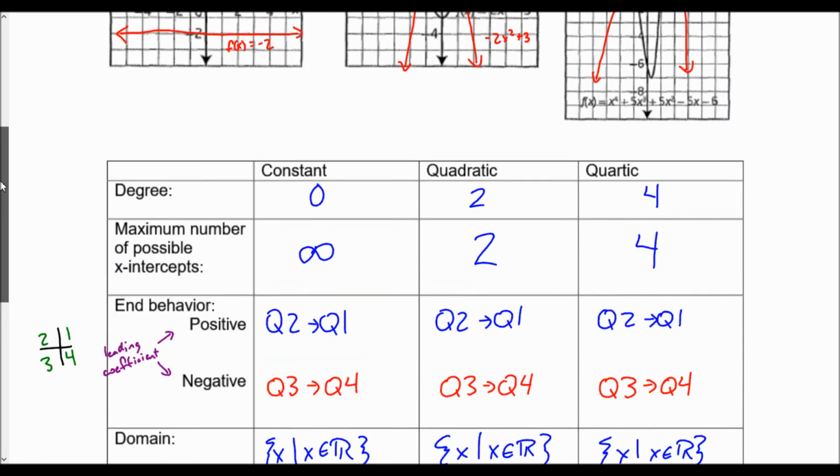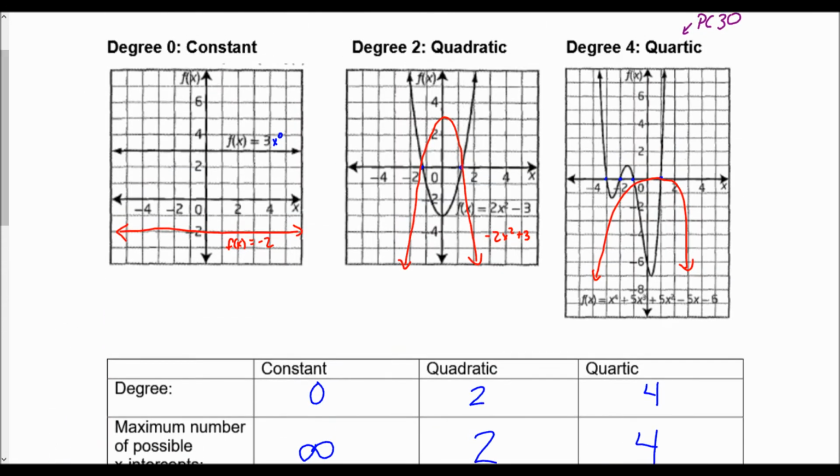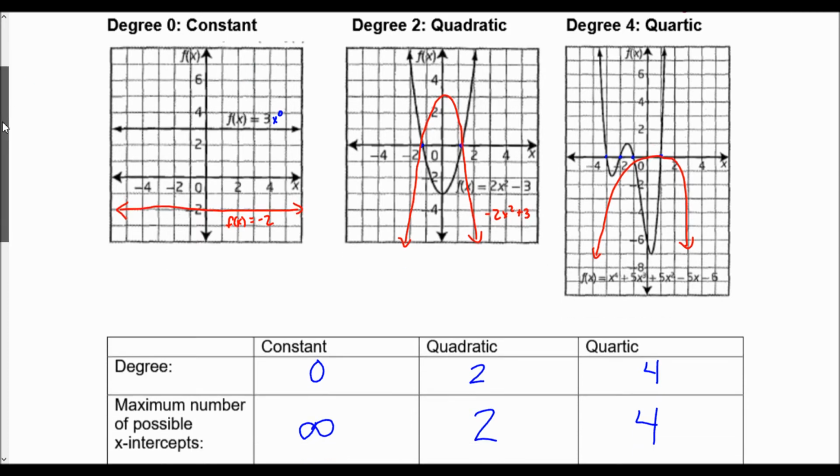Our range, though, is a little bit different. This one is very different, because you'll notice that this one only has one strict range. Now, I want to talk about every single general constant, quadratic and quartic type of shape. In general, our range is going to be dependent on our equation.